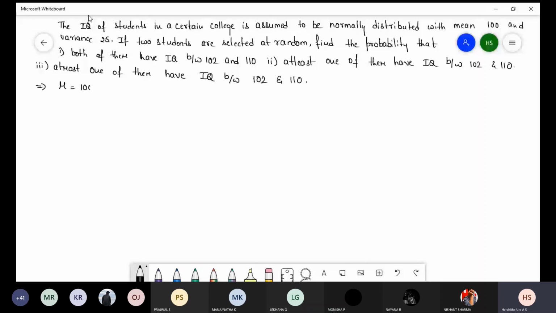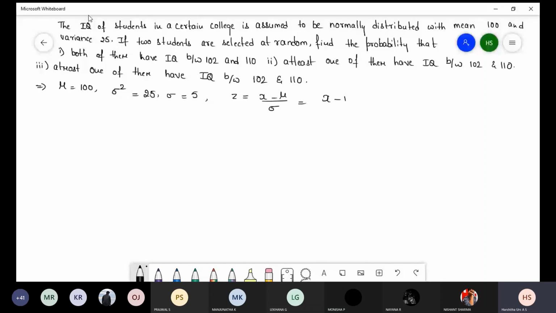But we need standard deviation. Standard deviation means sigma, root of sigma square, root of 25 is 5. Now we want the standard normal variate, that is x minus mu divided by sigma, so x minus 100 divided by 5.